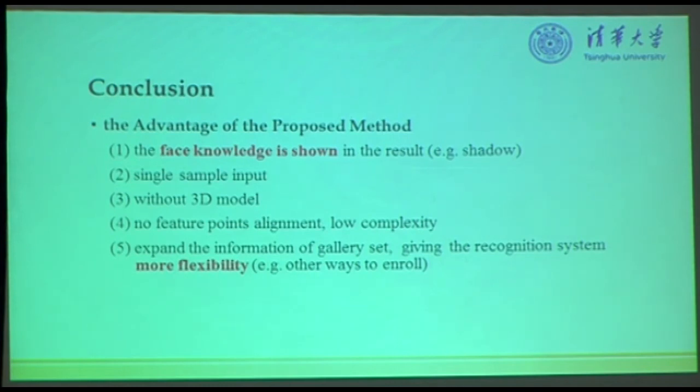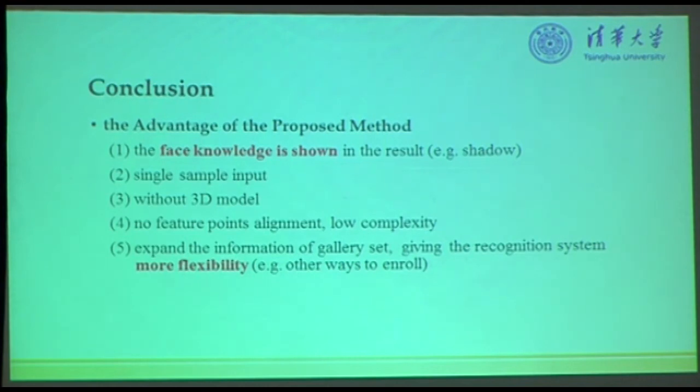And second, we only need a single sample. Third, we don't need the 3D model. And fourth, we don't need to align the feature points. So our algorithm has low complexity.